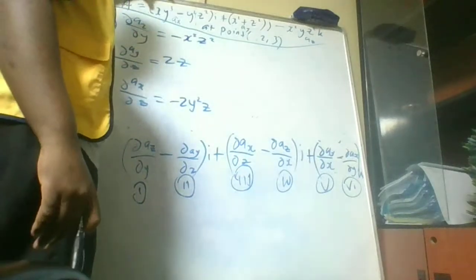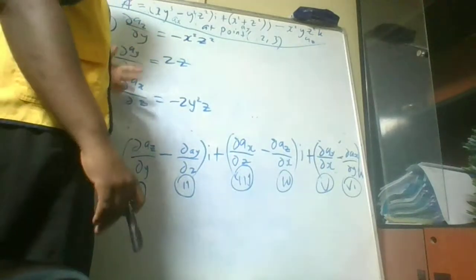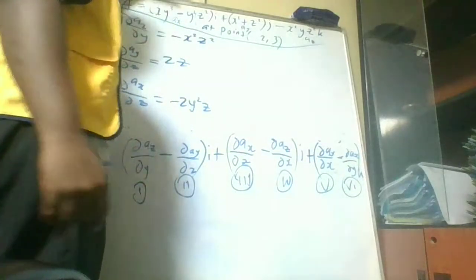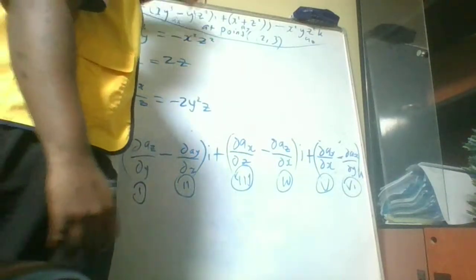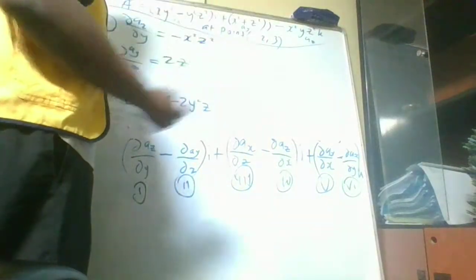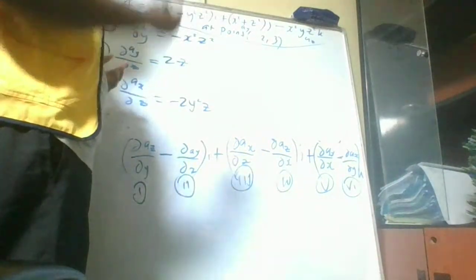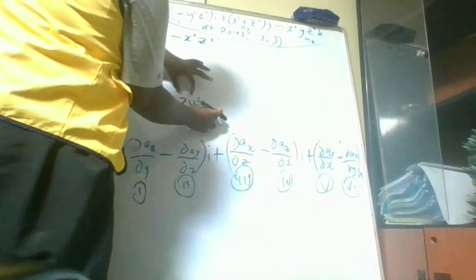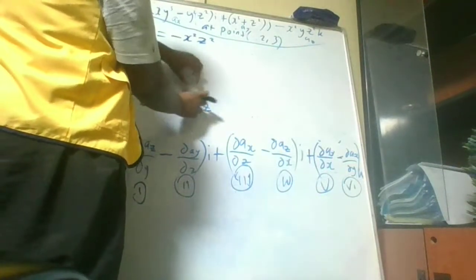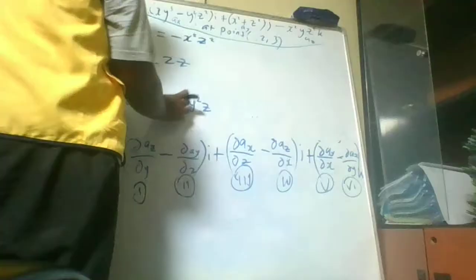If you partially differentiate xy cubed with respect to z, we have 0. If you partially differentiate negative y squared z squared with respect to z, you have negative y squared times the derivative of z squared, which is 2z. That's how you got this 2z here. Then remember, negative y squared is constant, so you have negative 2 times y squared times z, negative 2y squared z.